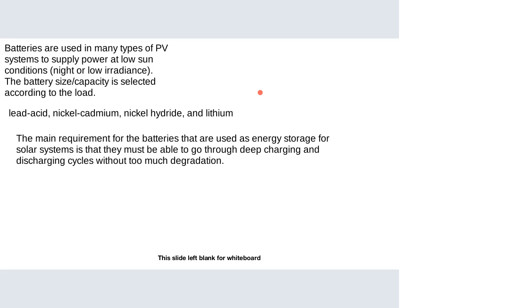You know, the more you charge and discharge a battery, the more it loses its efficiency. So for these solar batteries, they must be able to withstand deep charging and discharging cycles. So we are trying to avoid deep charging and discharging, but the cycles must be there. We avoid deep charging and deep discharging by the use of charge controllers. We will talk about that later on.